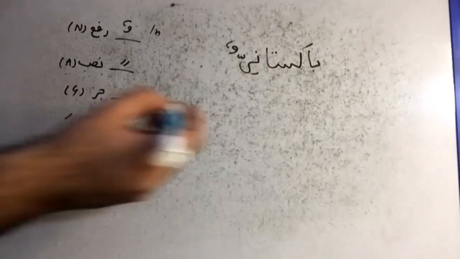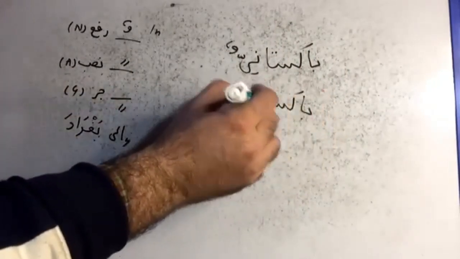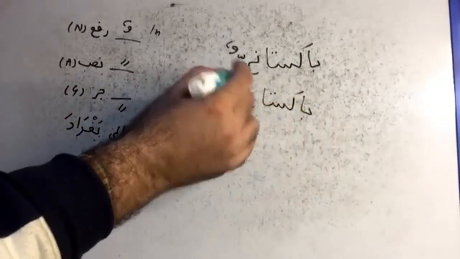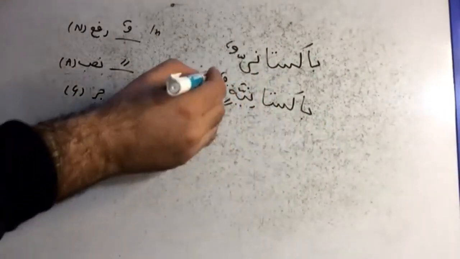But when a person is a Pakistani, so Pakistaniyun, Pakistaniyatun, right? And if it's Pakistaniyatin, this can take kasra, tanween. It can go into genitive. So the adjective can go, okay? That's what I had already told you earlier on.